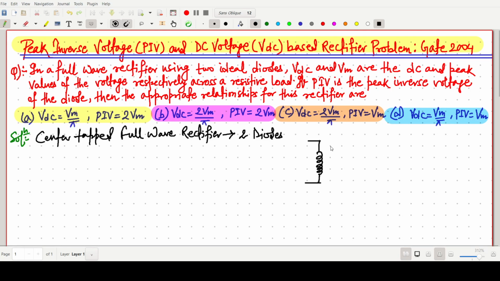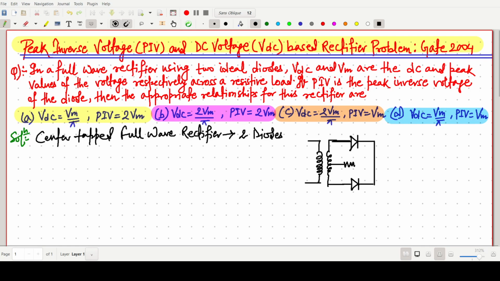If you know the direct formula, you can also solve this question, but I am doing it by proving all these parameters, how we find the value of PIV and VDC.